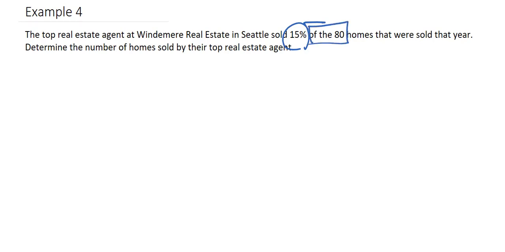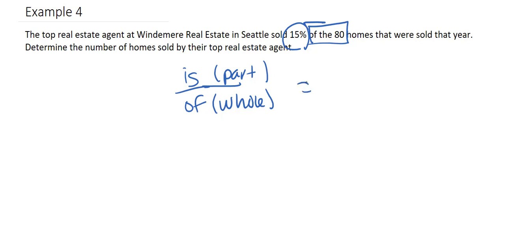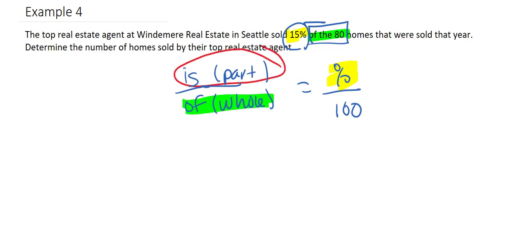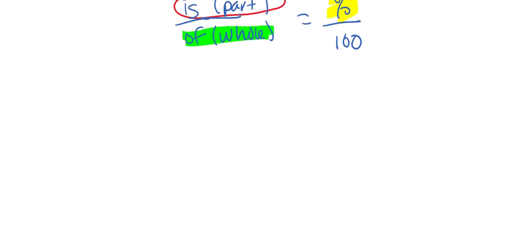So remember we have the part over the whole, or is over of, and then we have our percentage over 100. Our percentage goes here, and the 80 goes right there. That means we're looking for how many they actually sold.